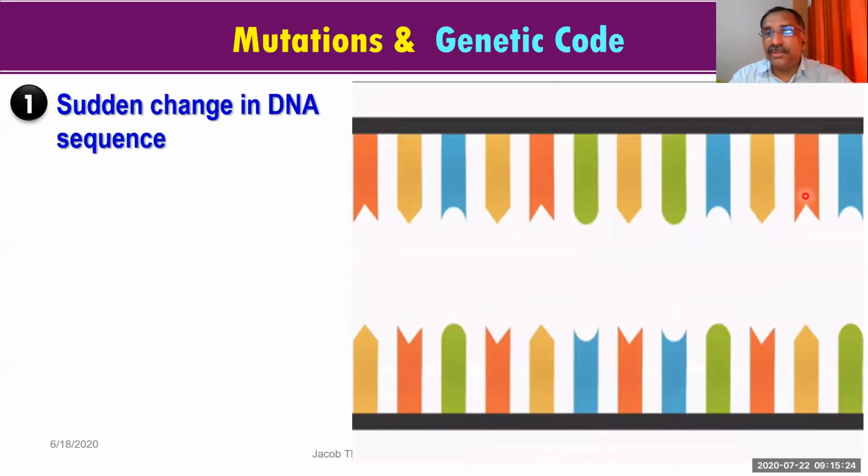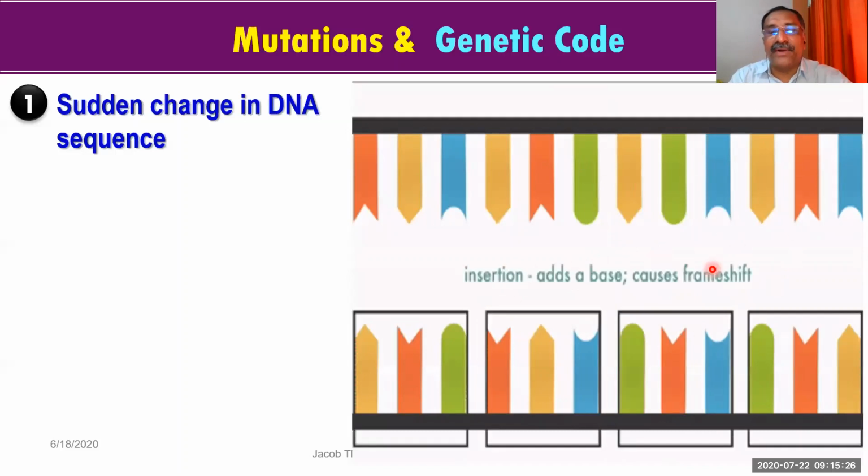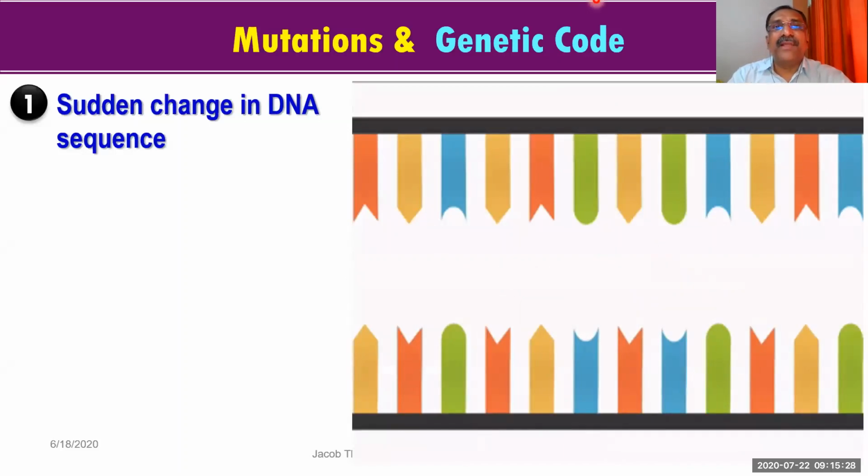Now look at over here, you are getting a moving picture showing how this mutation occurs. Mutation can occur in different manners. In this picture you see one particular type. This is the nitrogen base sequence. Just imagine that these are the nitrogen base sequence.